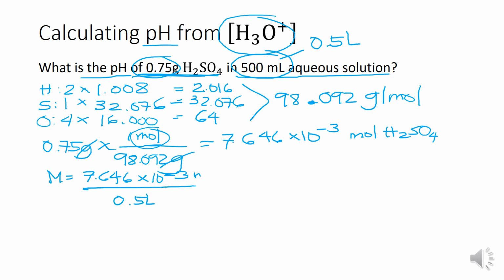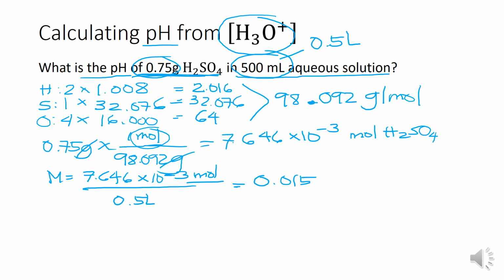Again, this is in mole, so let's input that in the calculator: 7.646 exponent negative 3 divided by 0.5. We have 0.015, so the molarity is 0.015.